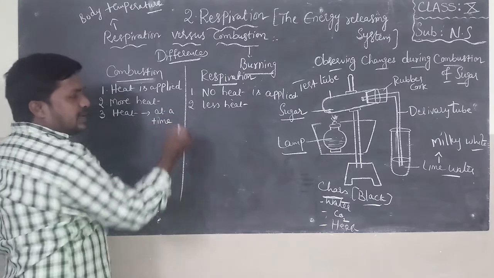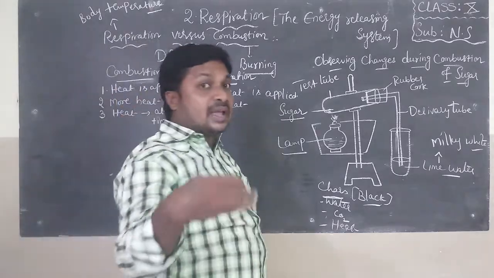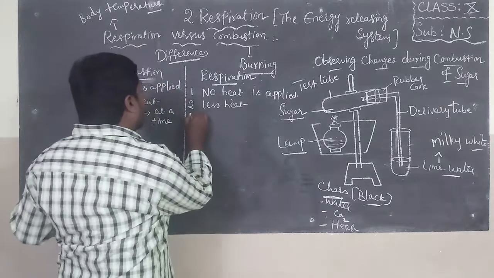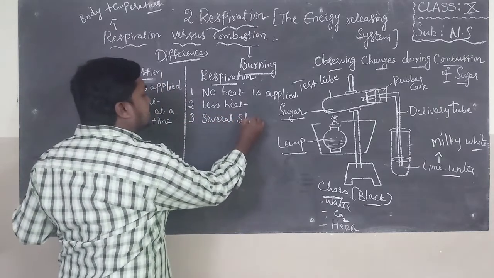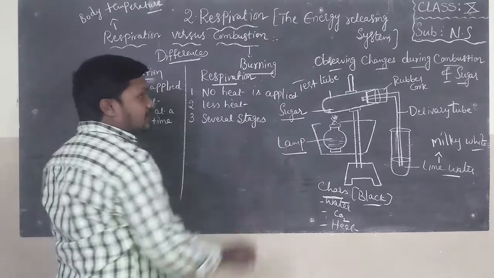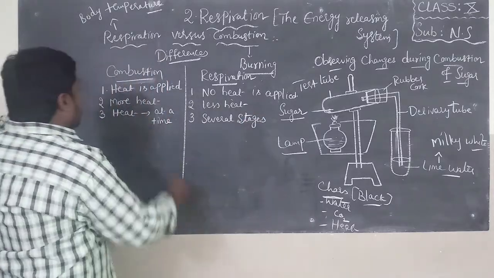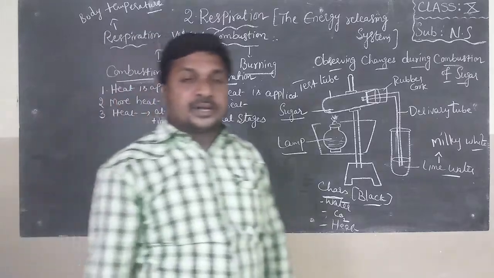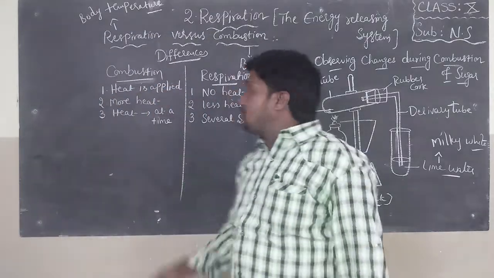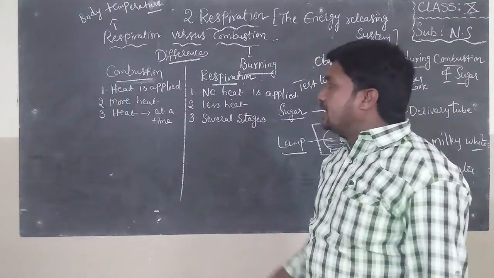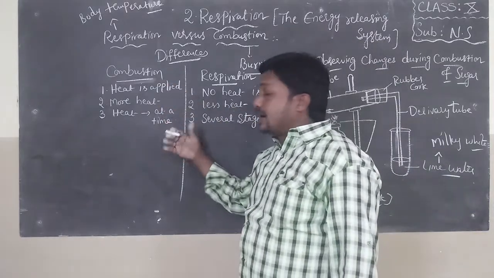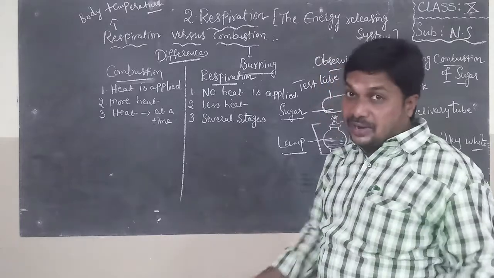If you observe here, in respiration, heat will be released at several stages. So, first, heat is applied for combustion, no heat is applied for respiration. More heat is released at a time in combustion, and less heat is released at several stages in respiration.